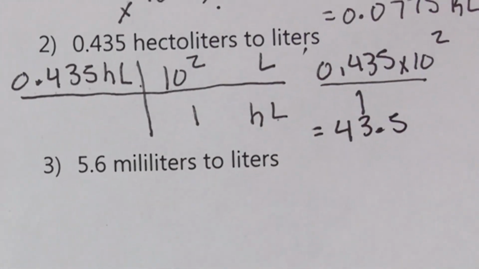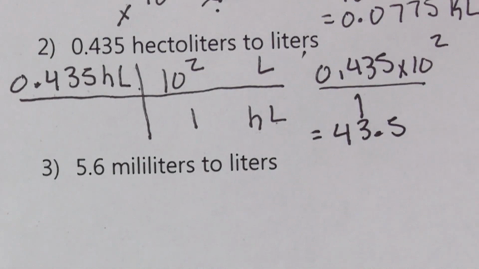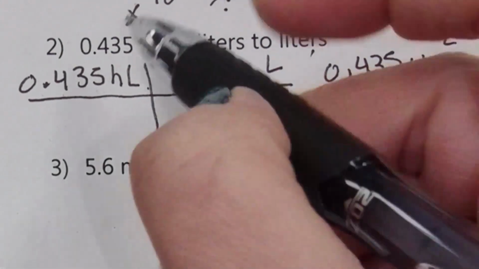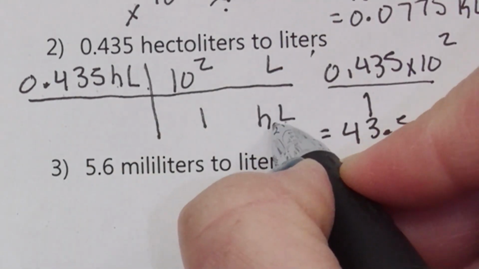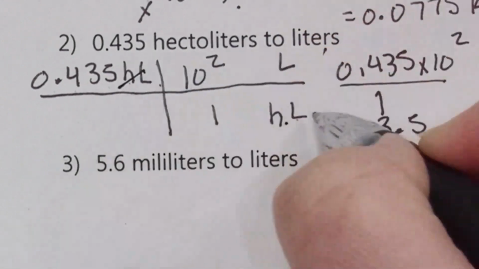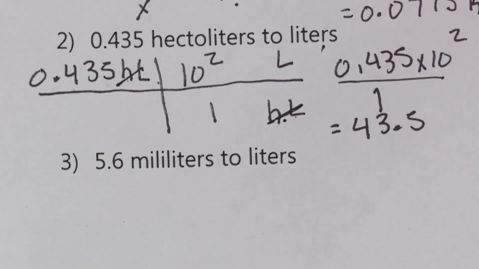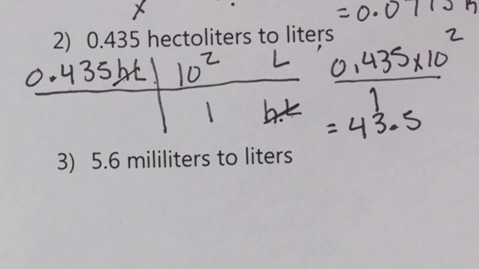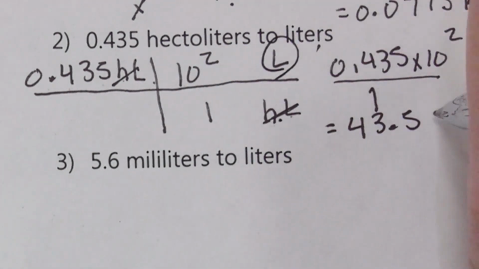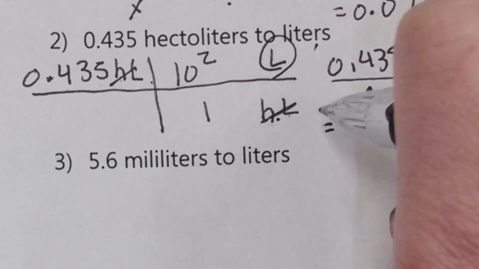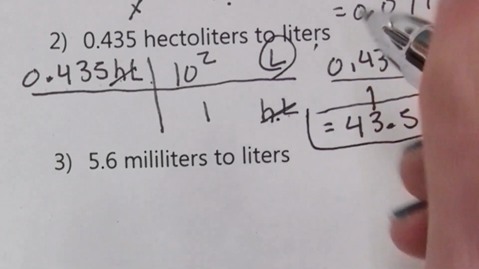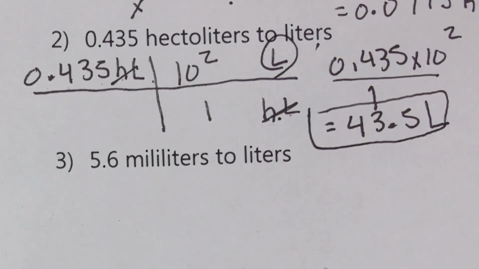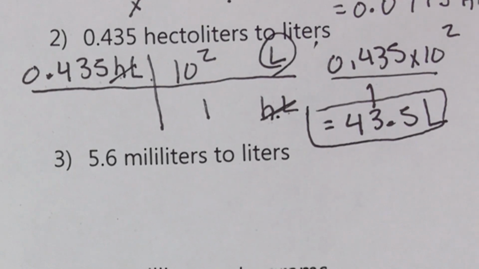Now, again, every number must have a unit. Hectoliter is on top and bottom, so when you have the same unit on the top and bottom, they cancel out. I am left with L, which is my liter. So there we go, 43.5 liters.